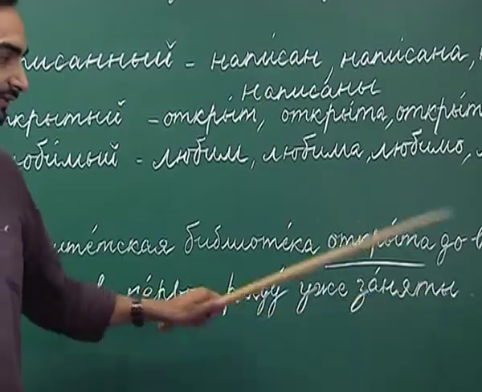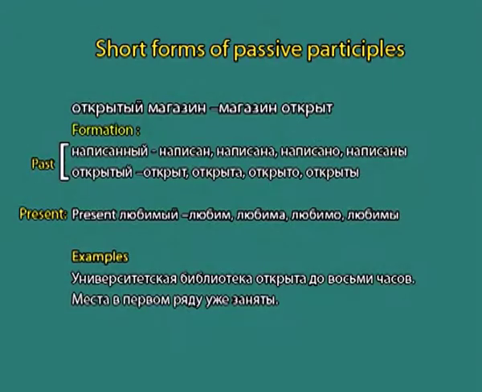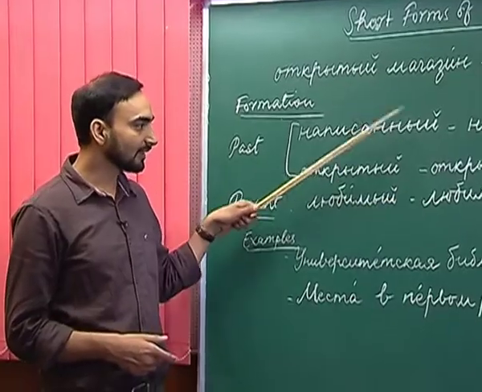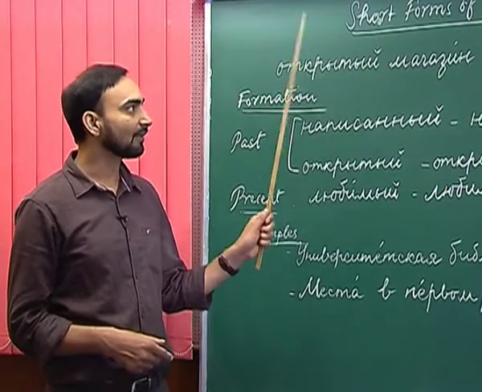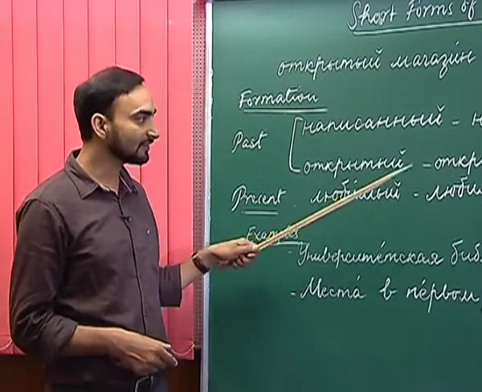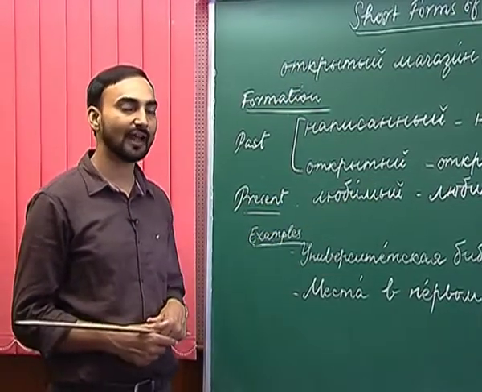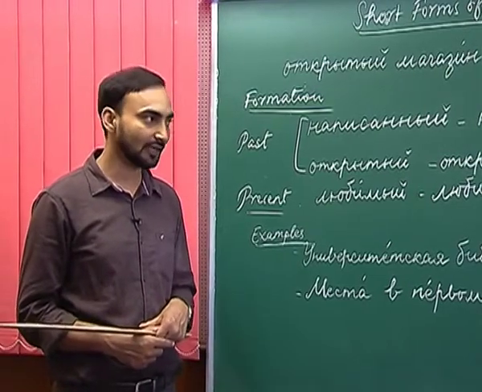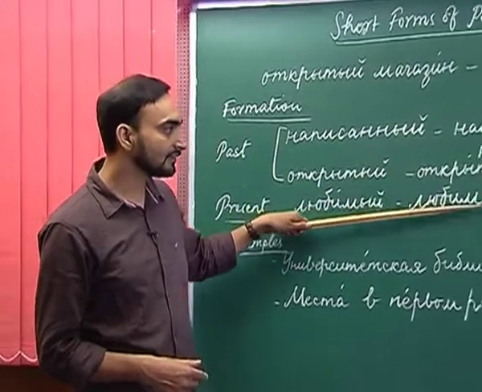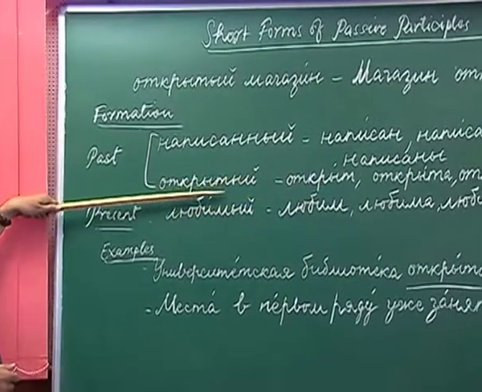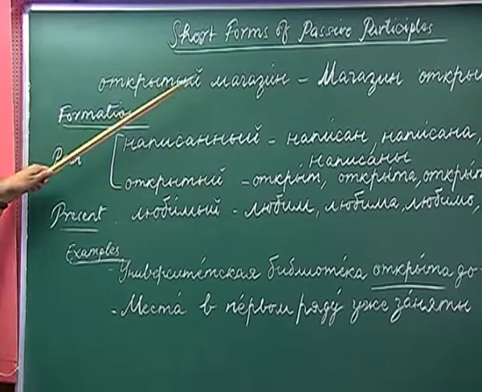So, apart from this rule, we must mention that if the past participle passive ends with yoni, so if it has an ending yoni, then the stress is different from the root word or from the passive participle.